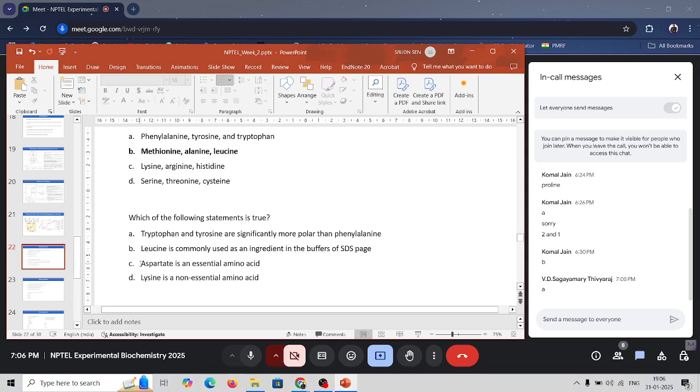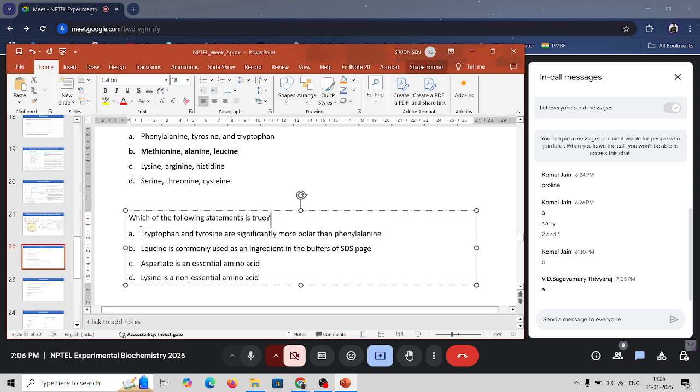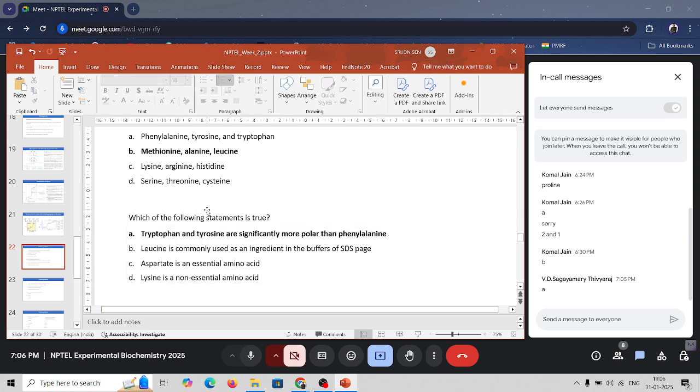So C and D are incorrect. Leucine is not used in the buffer of SDS page, rather glycine is used. Therefore, A is the correct option because tryptophan and tyrosine are more polar than phenylalanine. Next.